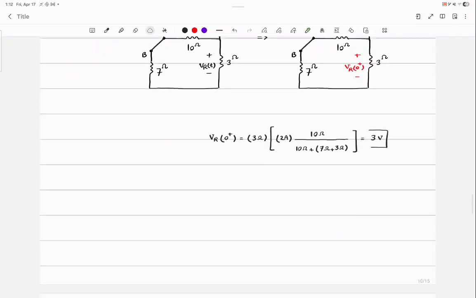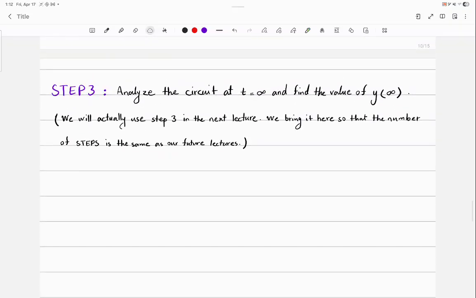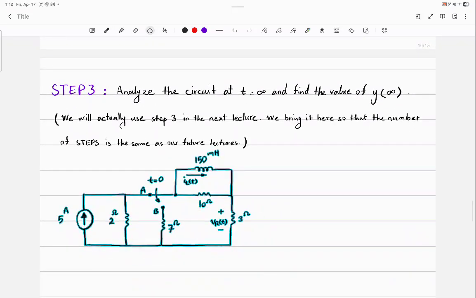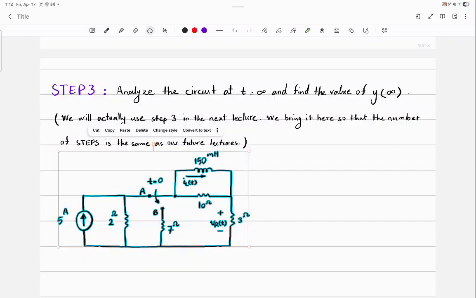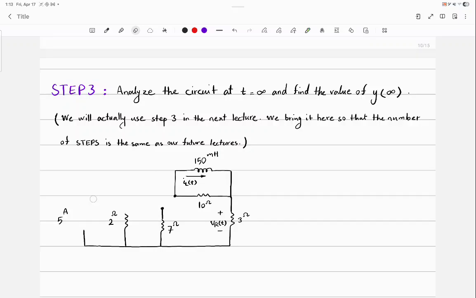Everything will completely go away. So just remember, t equals infinity is still considered positive, so your circuit, the left part is completely disconnected. You have this. I'm going to change the labels as well, just as practice, VR infinity.